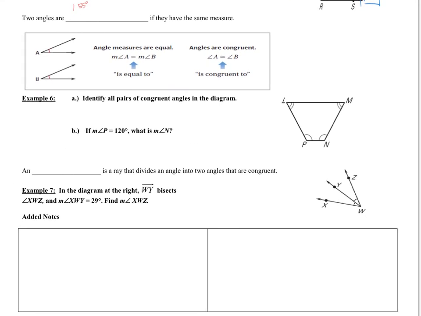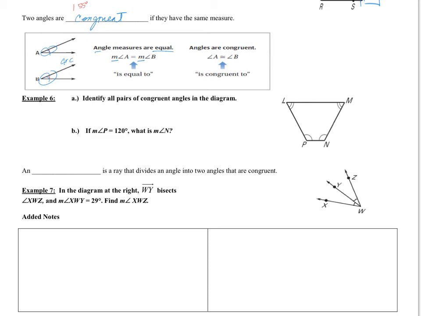Okay, when two angles are congruent, then they have the same measure. When two angles are congruent, it's represented by a little arc. When angle measures are equal, we need to use the letter m to represent them symbolically.